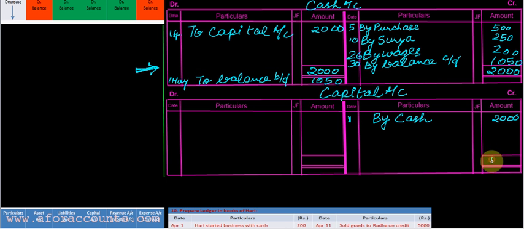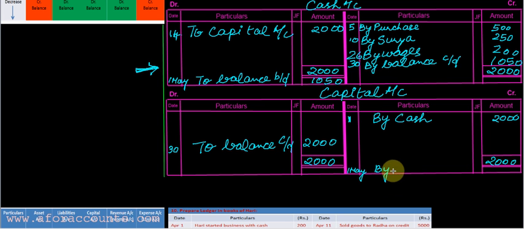Here we have a balance, 2000 is the total, 2000 should be the total here. So on 30th of April, to balance carried down 2000, and on 1st May, by balance brought down 2000. Okay.